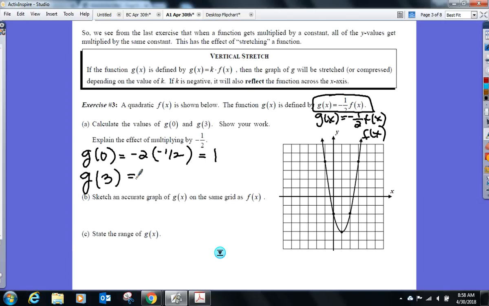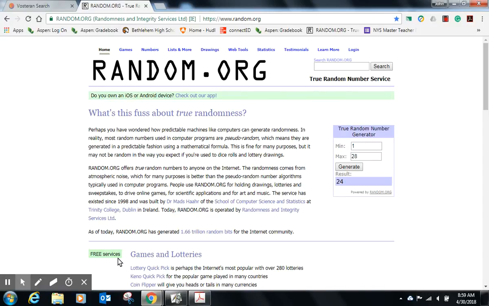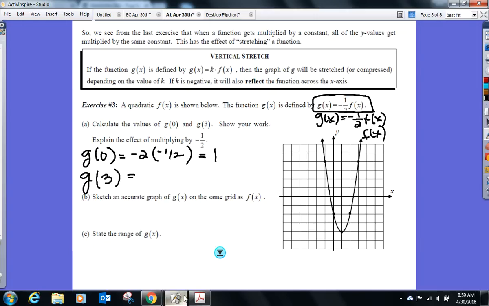Find it at 3 on the graph, then multiply it by negative 1/2. g of 3, negative 2. Nice job, because you took negative 1/2, multiplied it by f of 3, which was 4, and got negative 2.